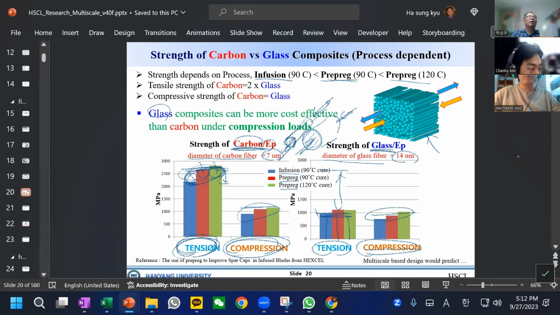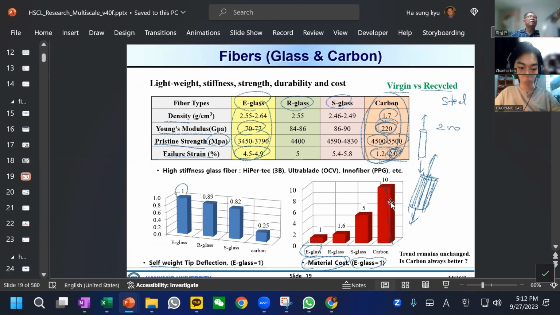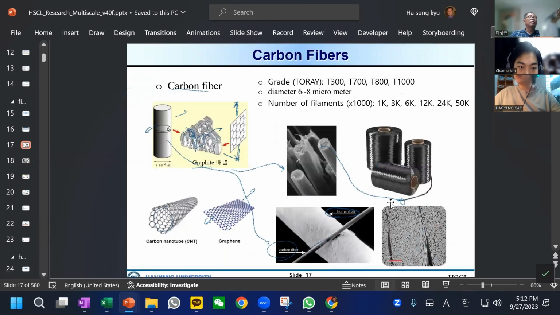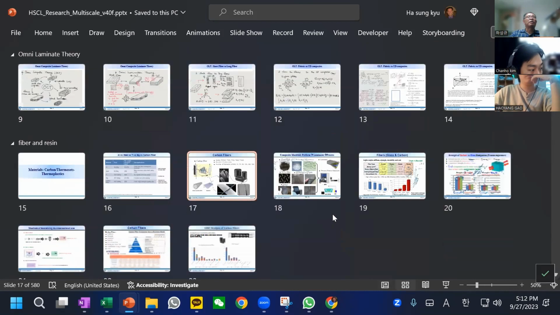And another reason why this is weaker in compression is that you can imagine this layer is a layered layer, and this is relatively weaker. And then under compression, it can separate easily. So that is another one.